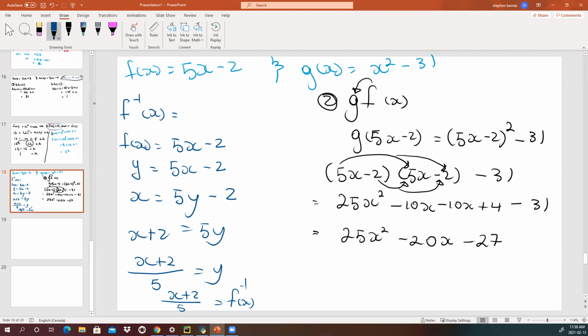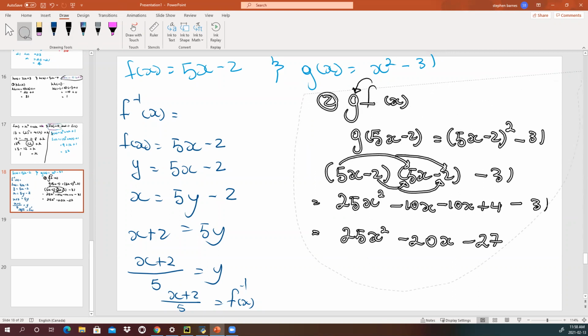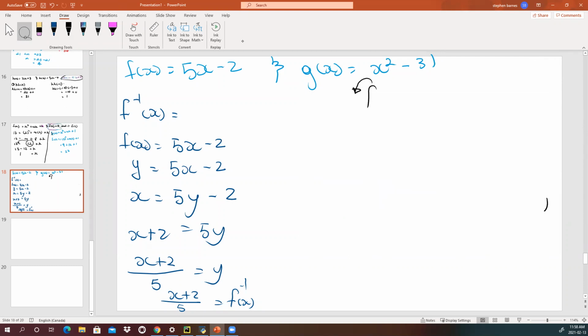So wait a minute, it's f inverse 3. So that is f inverse the function, but the question asks us for f inverse 3.